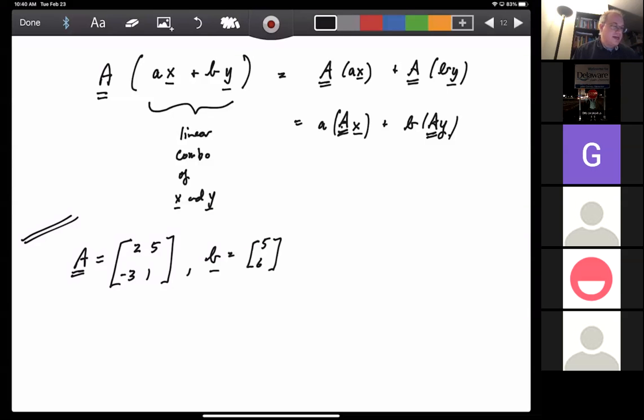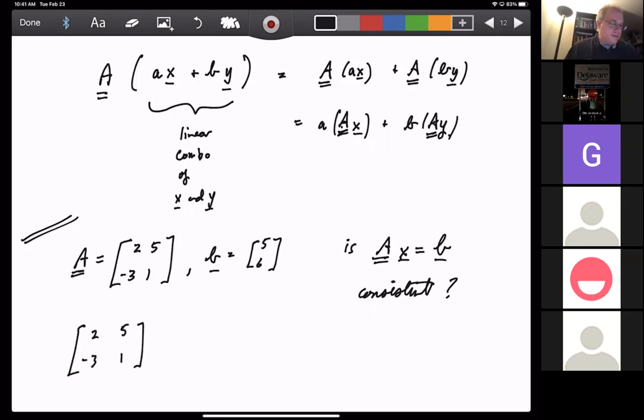So let's say we have this matrix A and this 2-vector B with entries 5 and 6. Is AX equals B consistent? What do you think? So one way of attacking this is to look at the augmented matrix for the system.